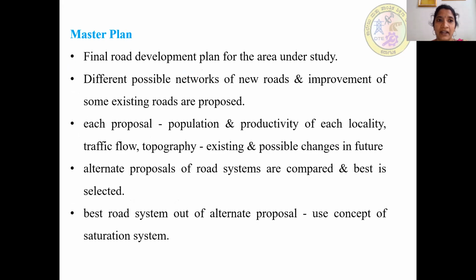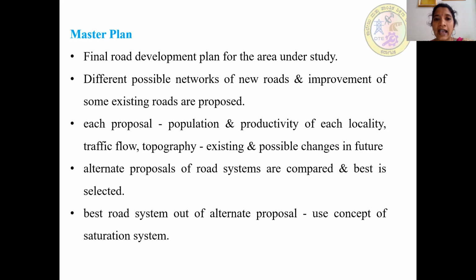Next is master plan. So master plan is the final road development plan for an area under the study. In master plan, different possible networks of new roads, improvement of existing roads are proposed.